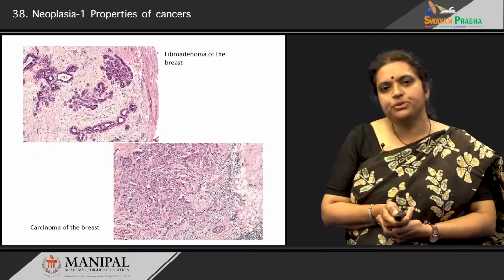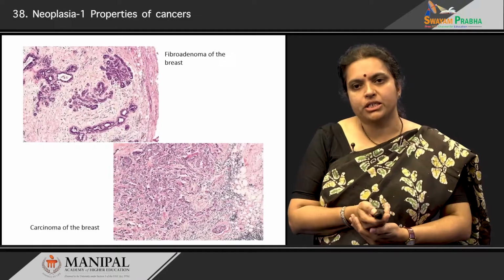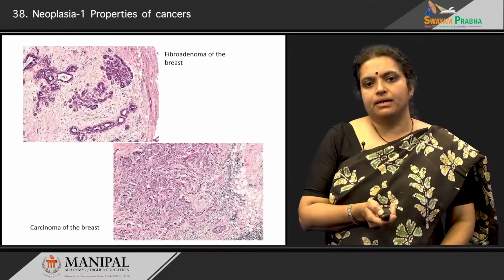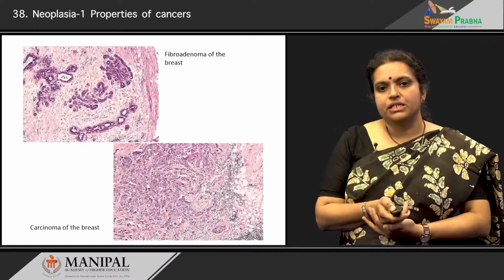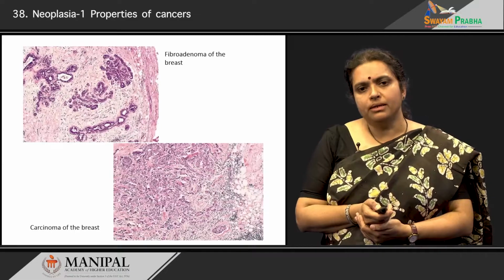The same tumors as we see under the microscope: the top picture shows the fibroadenoma of the breast, which is forming glands surrounded by stroma. They are completely benign glands, looking almost normal.